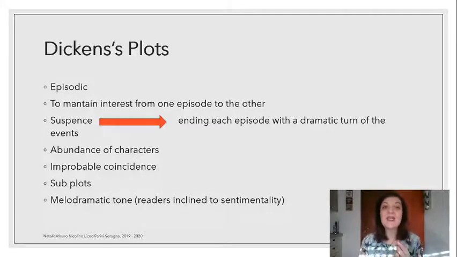He needed to maintain interest from one episode to another. Why? Because he needed people to buy the following episode, not to stop at the first, but to buy the second, the third, the fourth, the fifth, the sixth, and so on. So he needed to keep the interest from one episode to another.